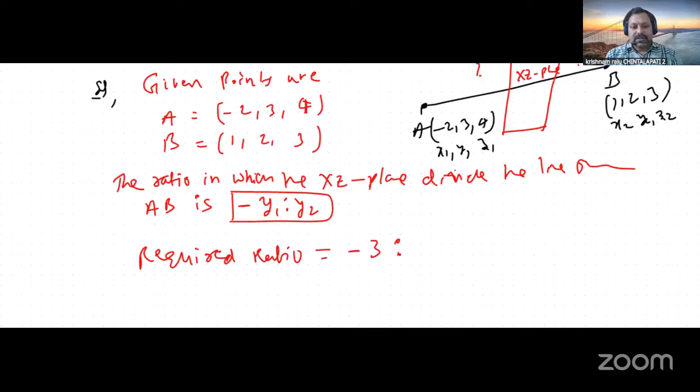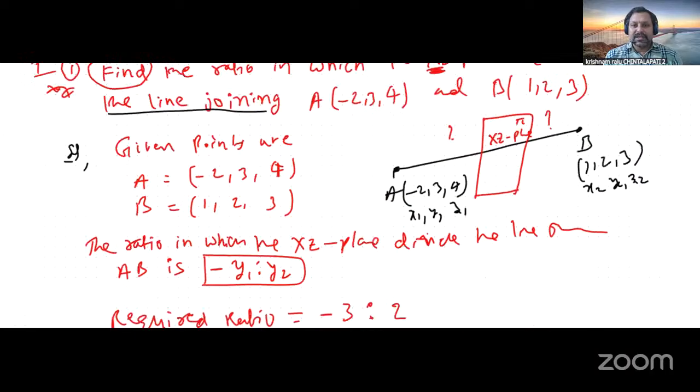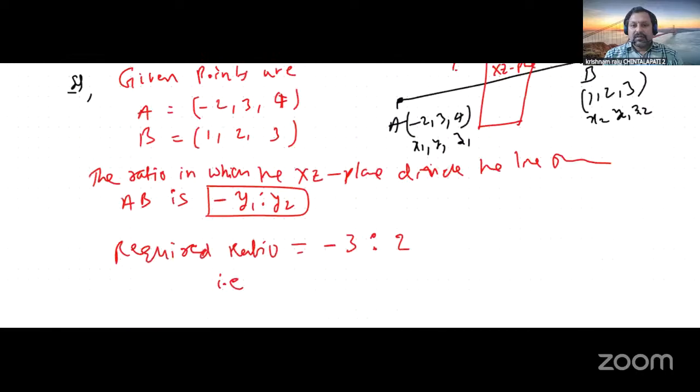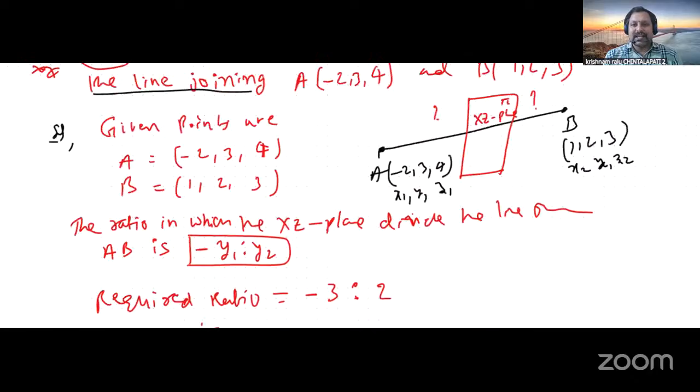So this is my rough diagram. According to my answer, what is the answer here? Minus 3 is to 2. Minus 3 is to 2 means this plane divides the line segment AB in the ratio 3 is to 2 externally. The correct diagram is that my plane divides outside of this. This is the correct diagram. Clear?